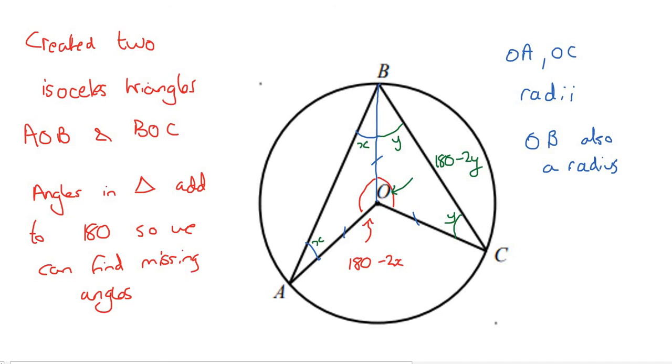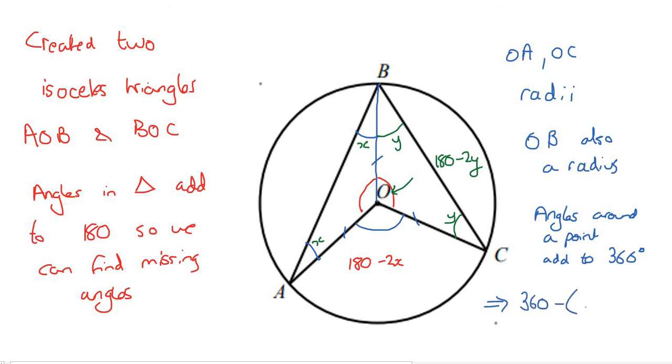The angle we are now interested in is this one here. We can work this out because we know that angles around a point add to 360. So our missing angle is 360 take away (180 minus 2x) plus (180 minus 2y).